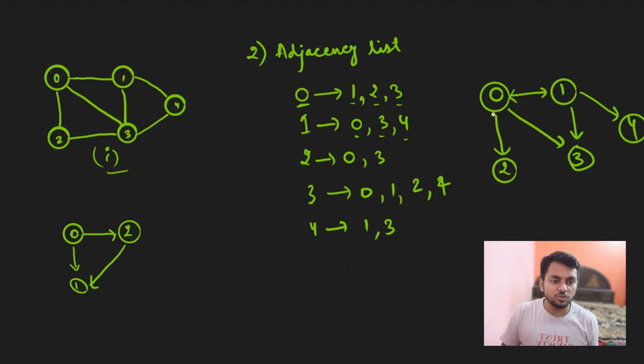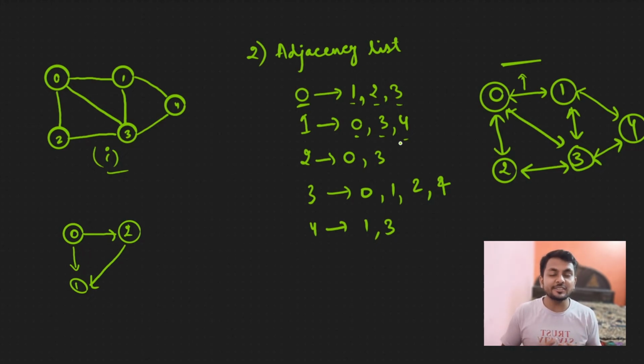From 2 there is an edge to 0 and to 3. From 3 there is an edge to 0, 1, 2, and also to 4. And from 4, there is an edge to 1 and to 3. Rather than writing it this way, since it is an undirected graph, we can represent it by this. So I hope you understand how to build a graph with the help of an adjacency list.